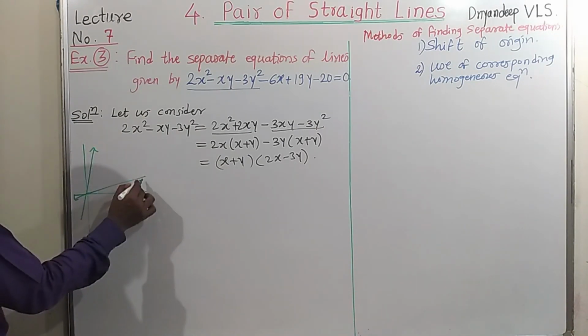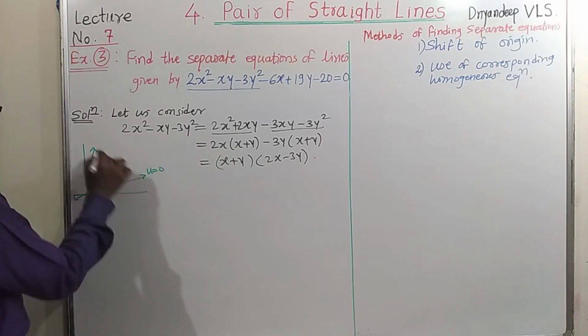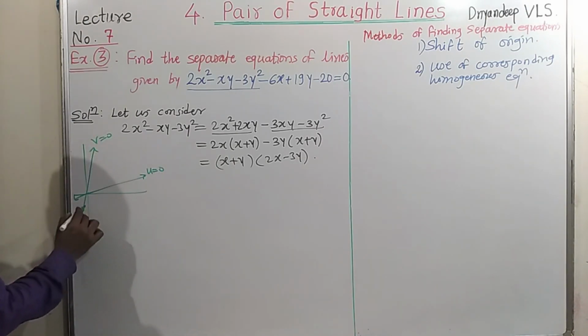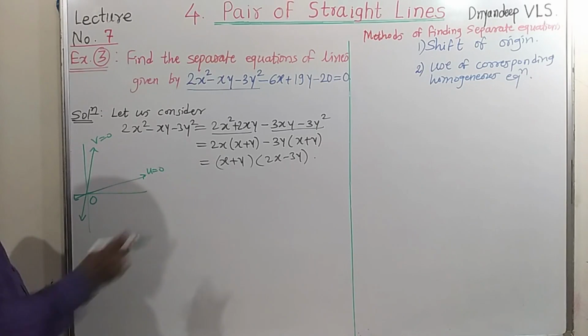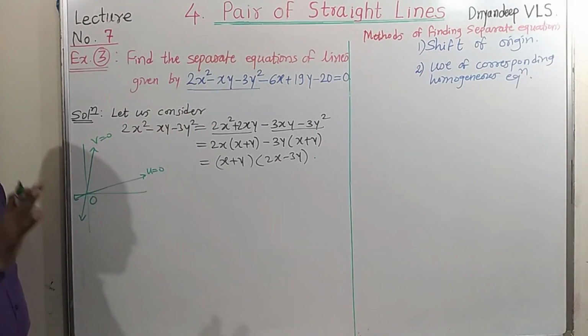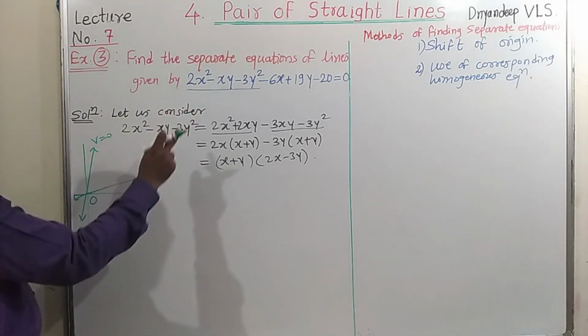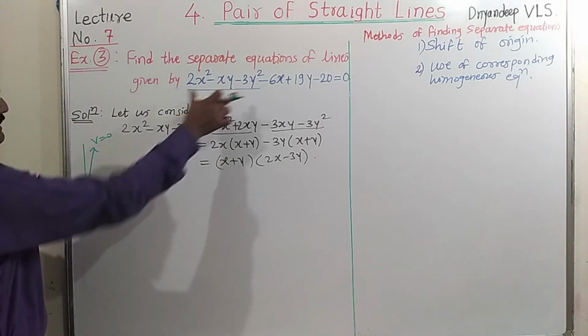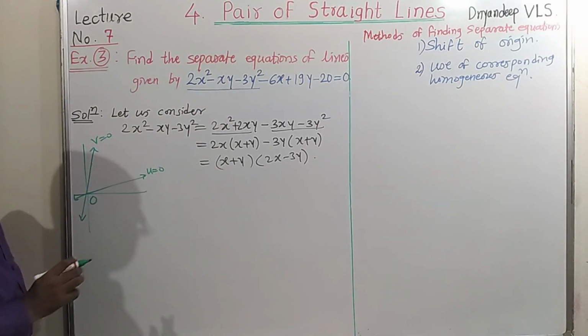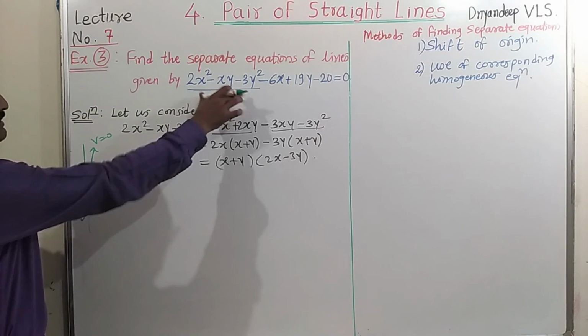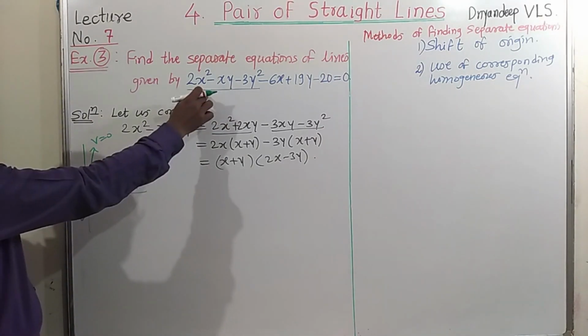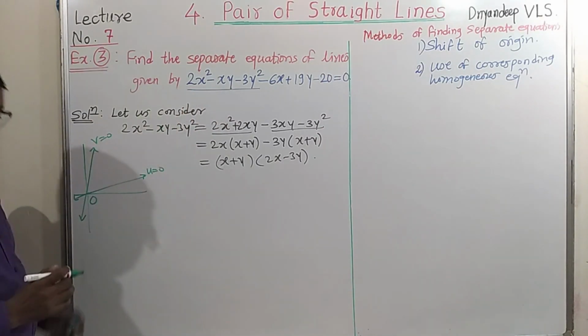These are two lines, u equal to 0 and v equal to 0, which are passing through origin, and these are the two lines which are not passing through origin, but they are parallel to these two, because we have taken the corresponding homogeneous equation, so the angle between these two lines and the angle between these two lines is the same, or these two lines and these two lines are parallel.